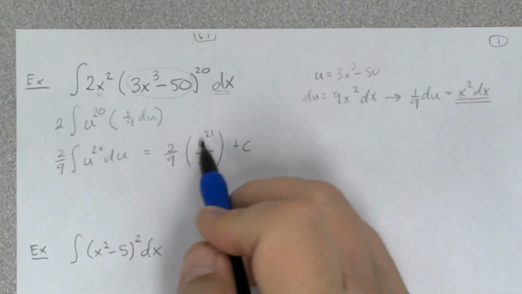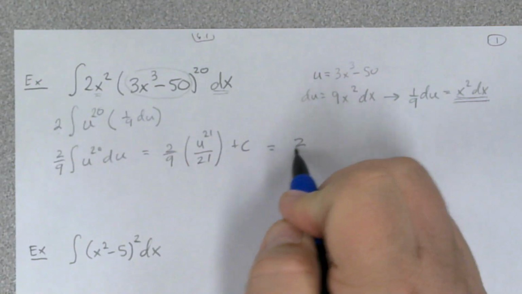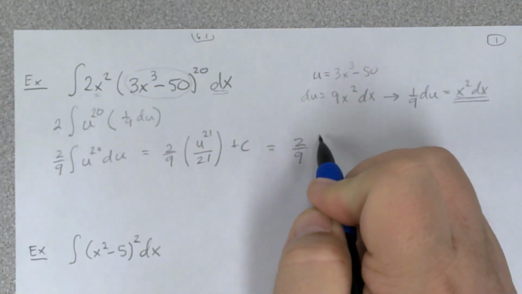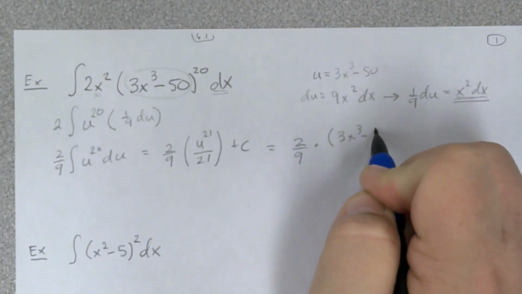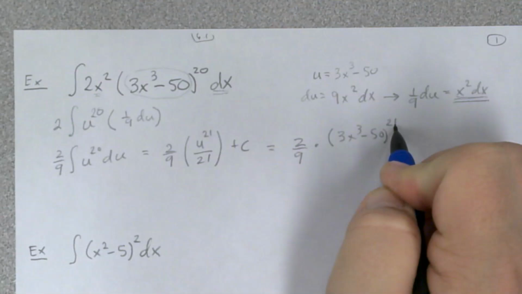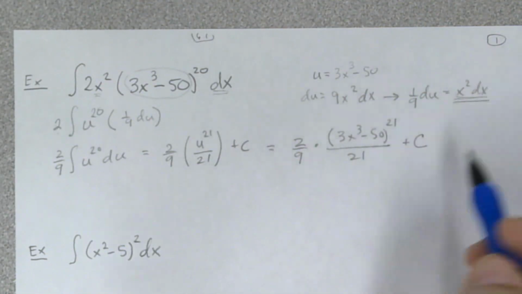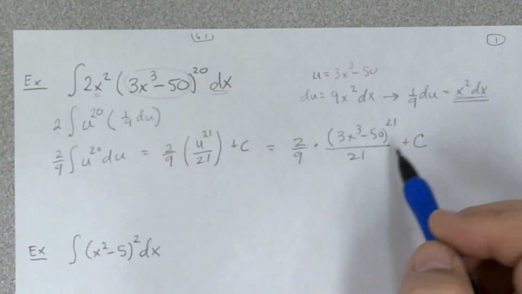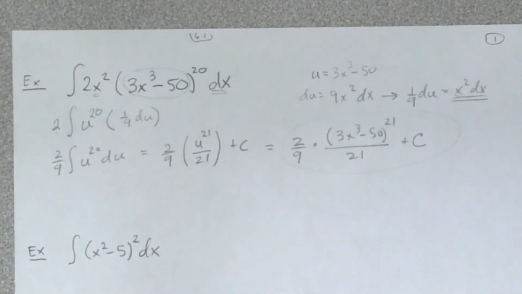But I need to put back what U stood for, so I'm going to take this right here and just put it back in, and this is going to be times 3x to the third minus 50 to the 21st power divided by 21, plus a constant. And so we can clean this up more, bringing the numbers together and stuff like that, but that's basically our answer right there.